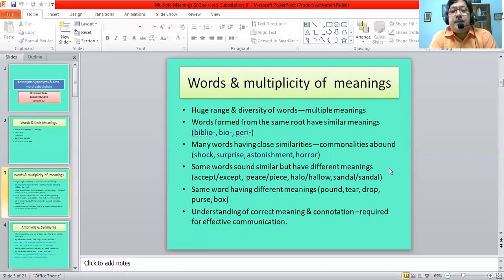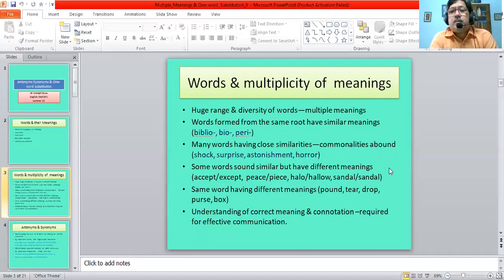The same word has different meanings, like pound. One meaning of pound is the currency, pound. Another is to pound or to break up into pieces. Tear, tear and tear. Of course, pronunciations could be slightly different, but the spelling is the same. Tear, to cut into pieces, tear up something, or the teardrop that falls from the eye.